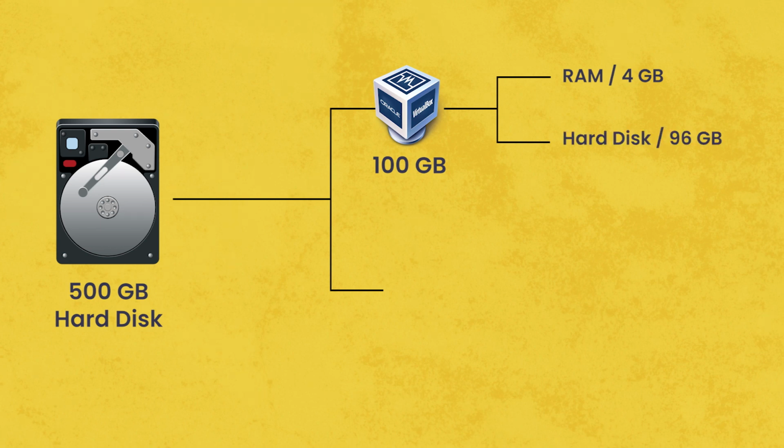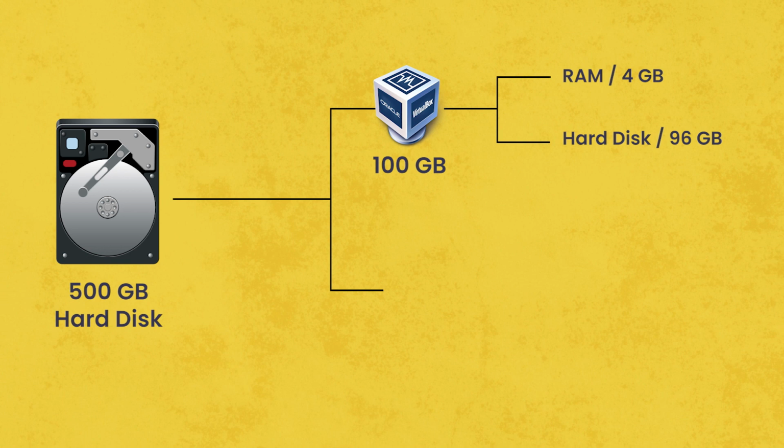So out of 100 GB, 4 GB is considered as RAM and 96 GB is allocated as hard disk in your virtual machine. So your 500 GB is divided into two parts. First part is 100 GB on which the virtual machine will work, and the remaining part, that is 400 GB, where your actual computer operating system works.